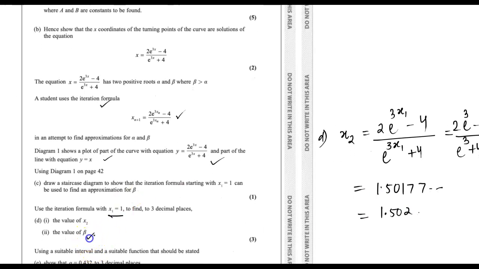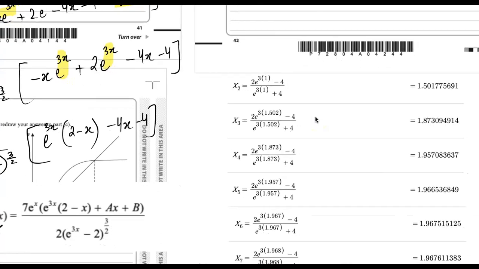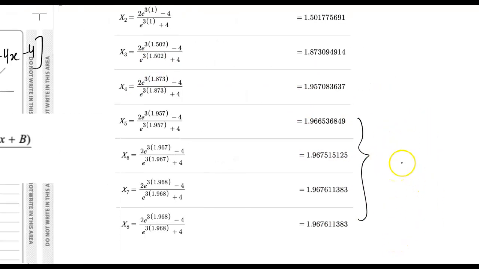Okay. And now for the value of beta, you just have to use your calculator. Use your calculator for values and see what gives you approximately similar values. So I'm just quickly showing you. I have the data over here. If you see, these are quite similar values we are getting, so we have to take 3 decimal places. Can we say 1.968?